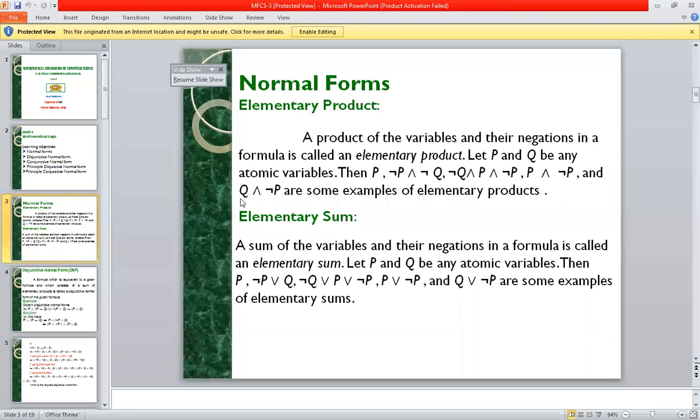Q and negation P are some examples of elementary products.